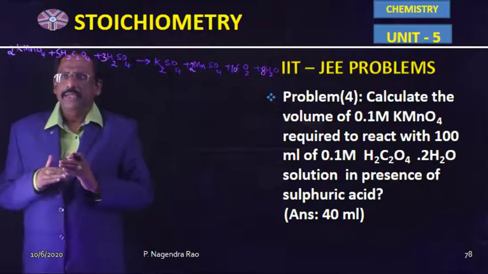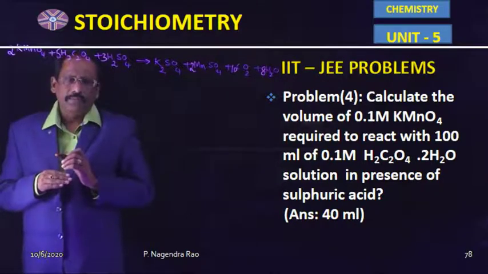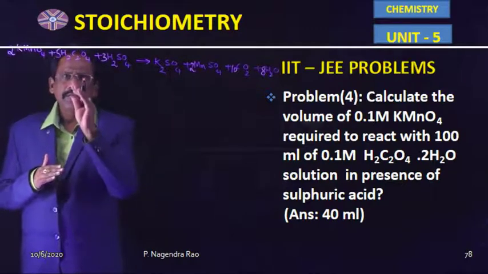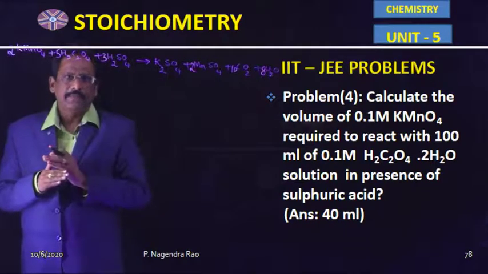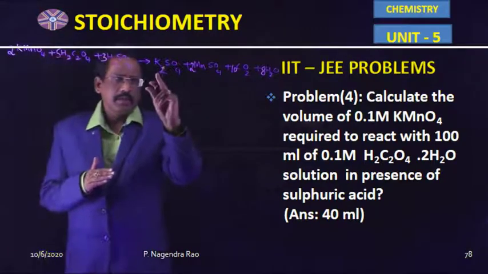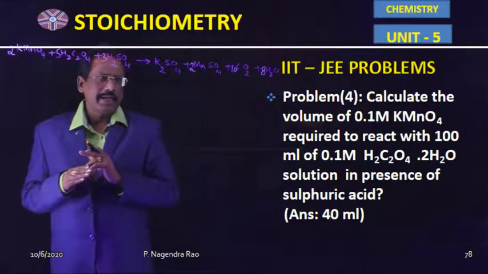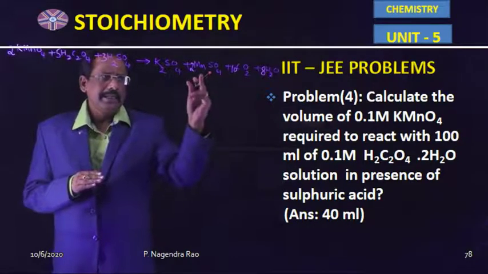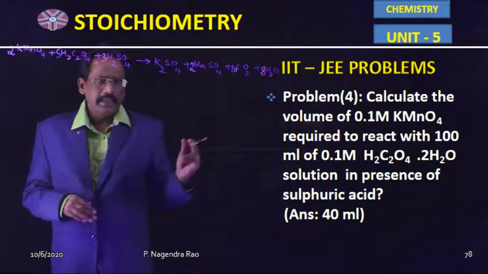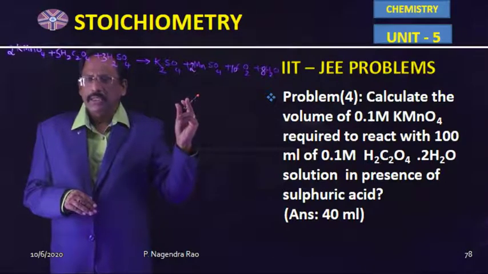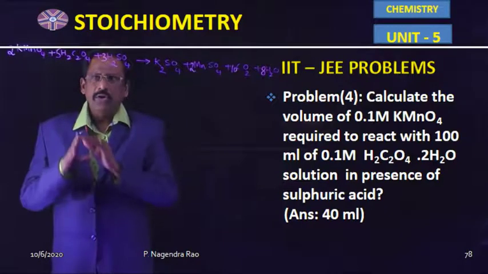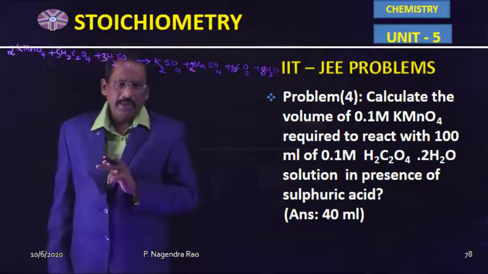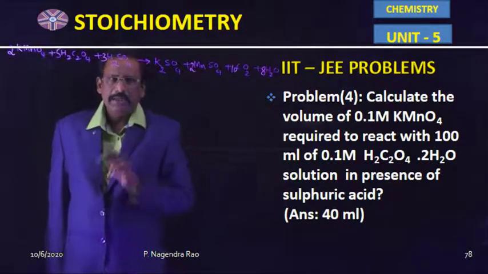So the final point is, when 2 moles of KMnO4 solution react with 5 moles of oxalic acid, 1 mole of potassium sulfate, 2 moles of manganese sulfate, 10 moles of carbon dioxide, and 8 moles of water are produced. Now, in this problem, the molarity of KMnO4 is given.